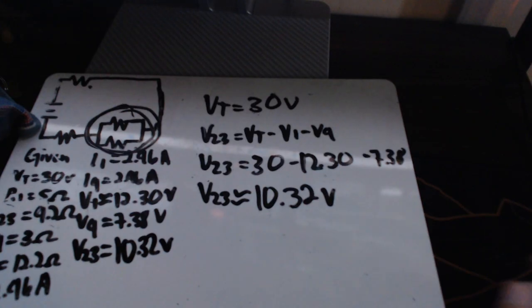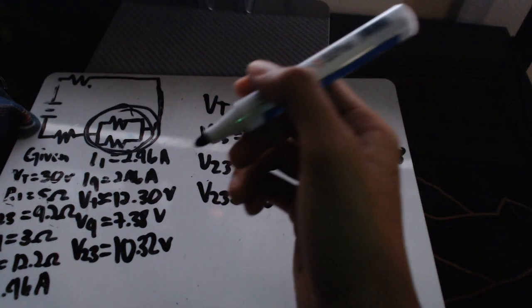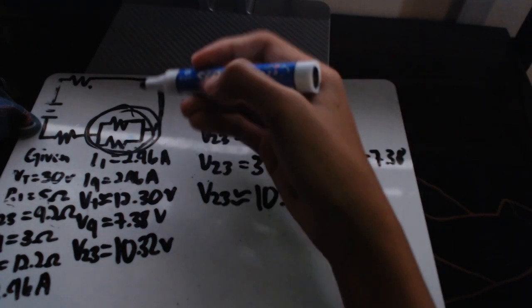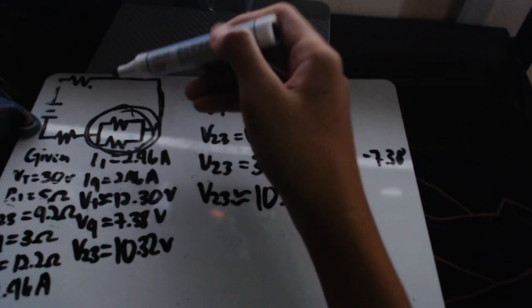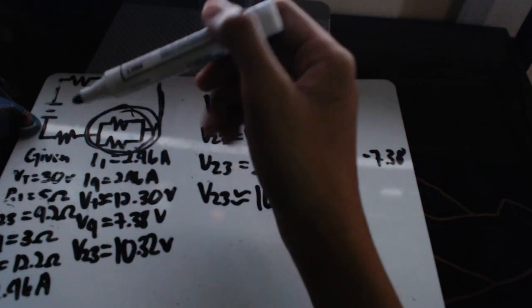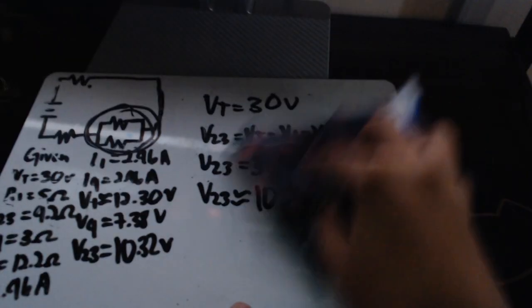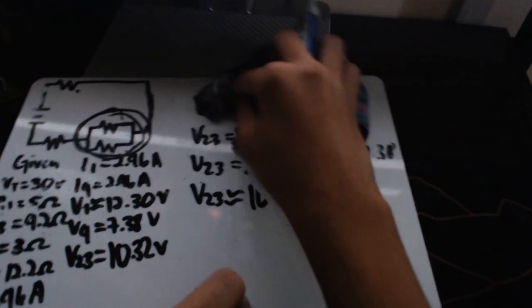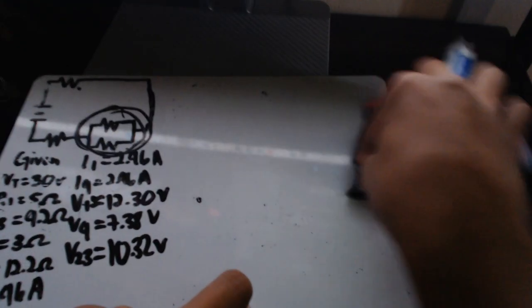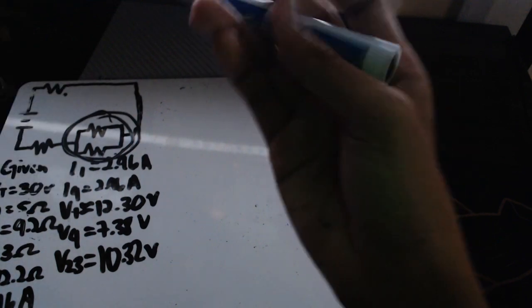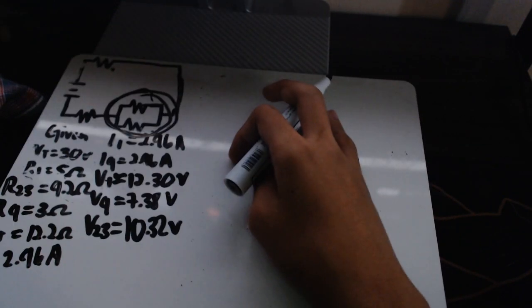Now we gotta find the volts across each of them. We gotta find the R2 and R3 volts, because in the rule we said that in a parallel section or circuit, all the volts are the same across the branches.